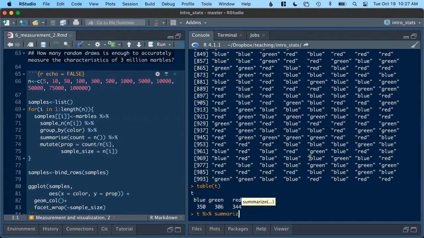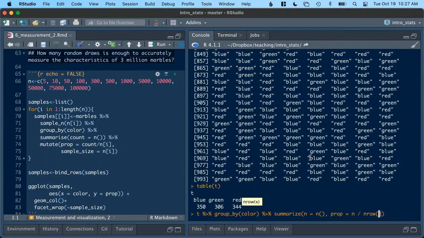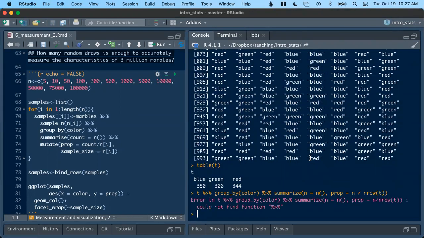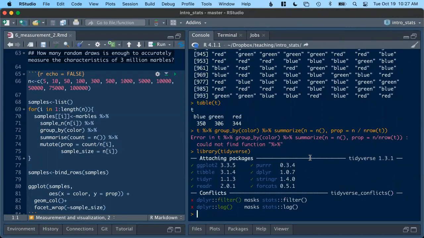And we'll group by color, summarize n equals n, and the n function will just count elements within each group by category, and then we'll do proportion equals n over n row t. I need to load tidyverse first. In your homeworks, a lot of you did the prop table function, which was demonstrated in the book. This is a similar way to do the same thing in tidyverse.